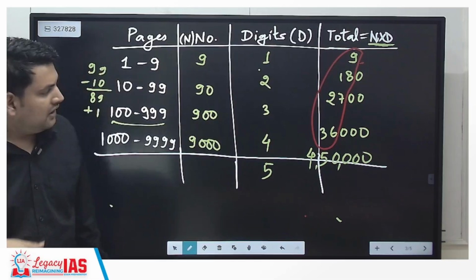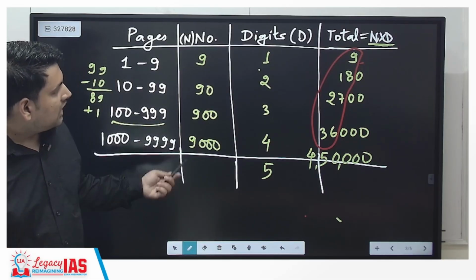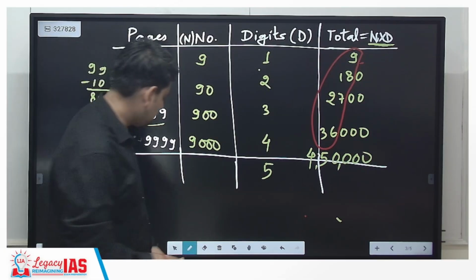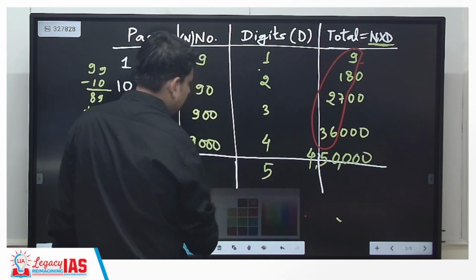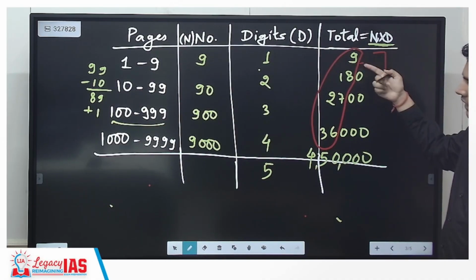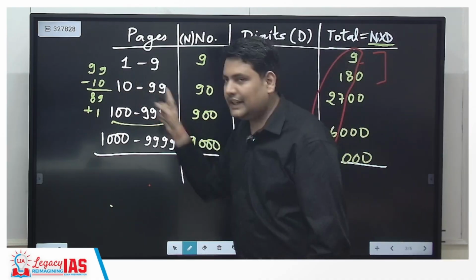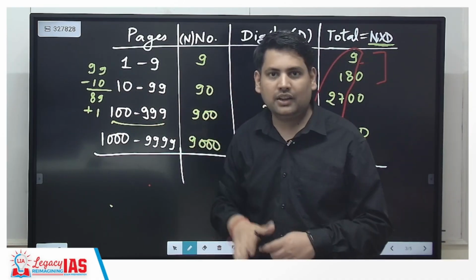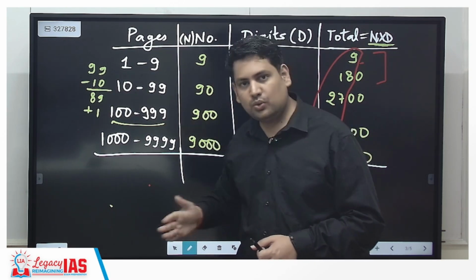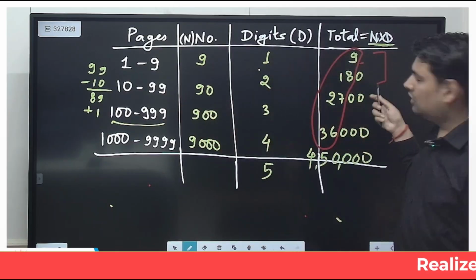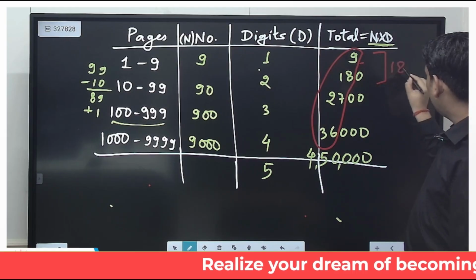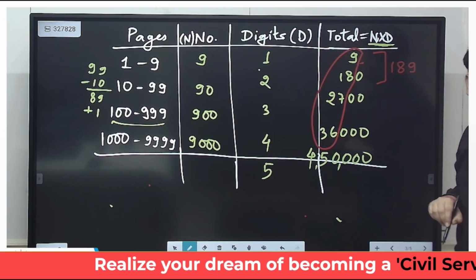Understood? Now if I ask you what would be the number of digits from this to this, that you can answer. Now observe one more pattern which is more important. See this 9, if I ask you from 1 to 99, that is completing all the 1 digit numbers as well as 2 digit numbers, how many total digits do I use? So 9 plus 180 means 189. Understood?